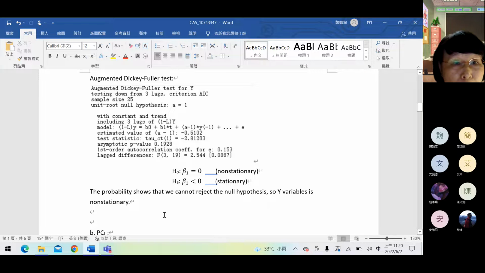This is also the augmented Dickey-Fuller test for Y, and Esther used the third version. Therefore, we have a different version, and also Esther is using 3 lags, right? Yes. Okay, so look at the critical value. What does the critical value show here?